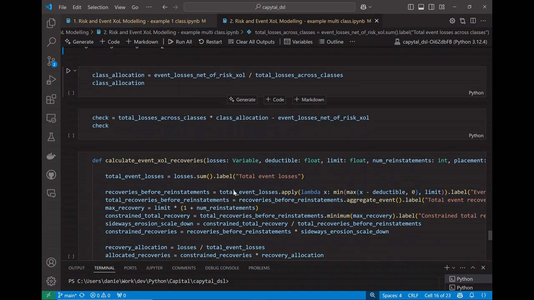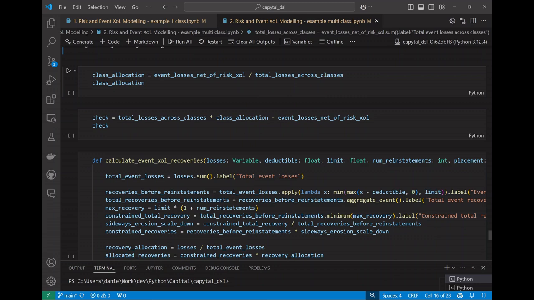Now, because we're passing in the subject losses at a total event level, the layer will apply to those and will give us recoveries at a total event level. But it's often useful to have the recoveries allocated back out to the individual classes and years again, both for reporting purposes and because it may be important for downstream further inuring reinsurance calculations.